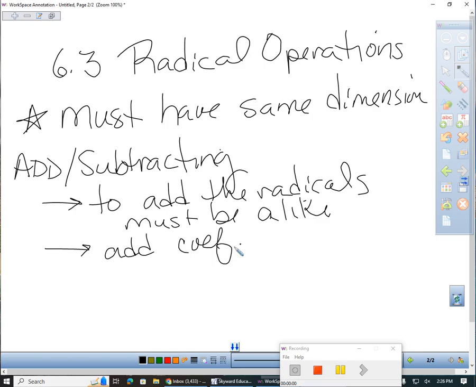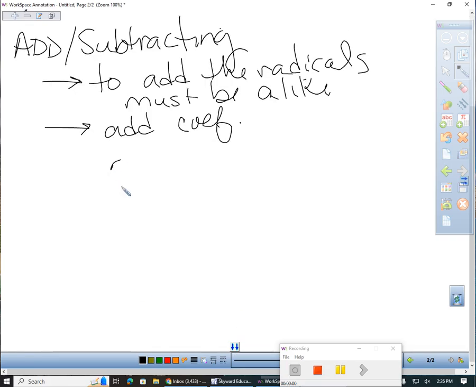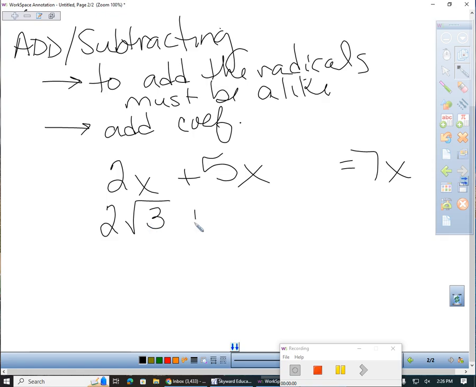I'll show you. Just like if I were to have 2x plus 5x, those are like terms, right? And so I would add the coefficients on those because they're the same, and I would have 7x. When we're talking about radicals, if I have 2 square roots of 3 plus 5 square roots of 3, those radicals are exactly the same.